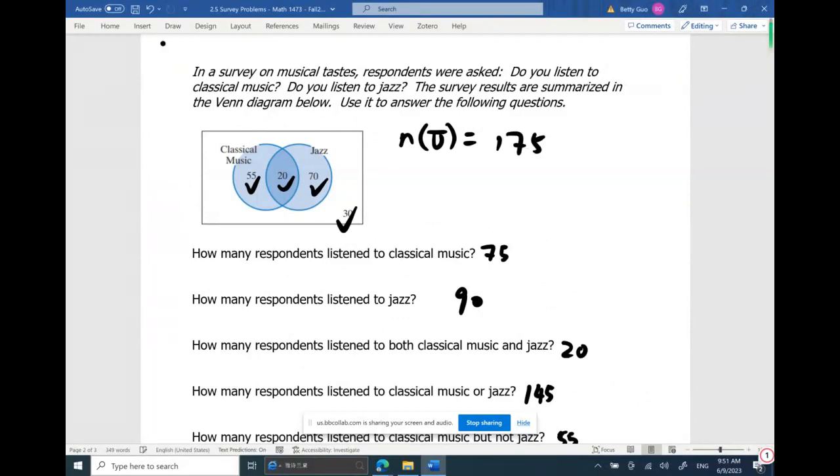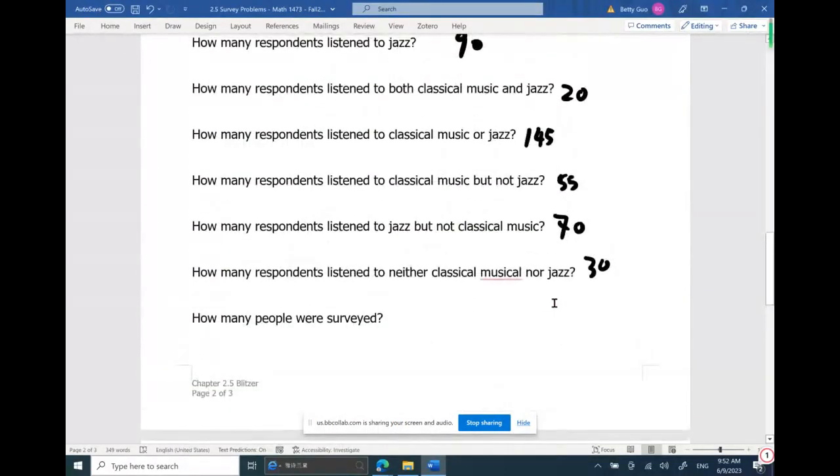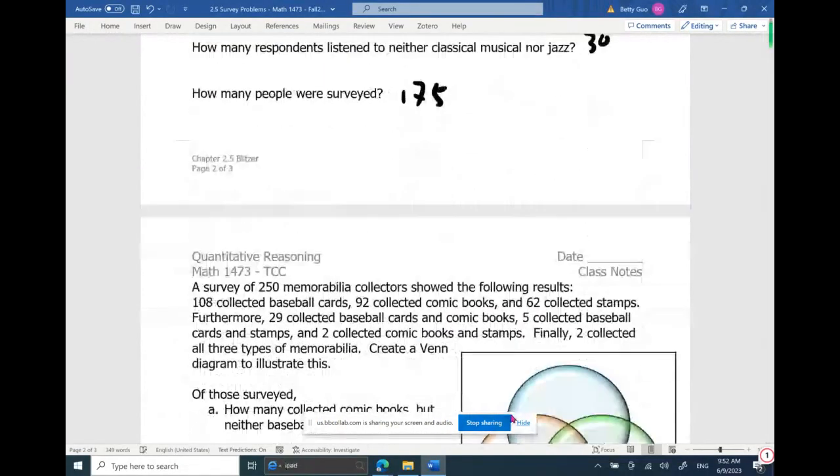Double check: this is 90, 120, 170, 175. So that's the total number of people surveyed, or how many people participated. 175. All right, hope it's clear.